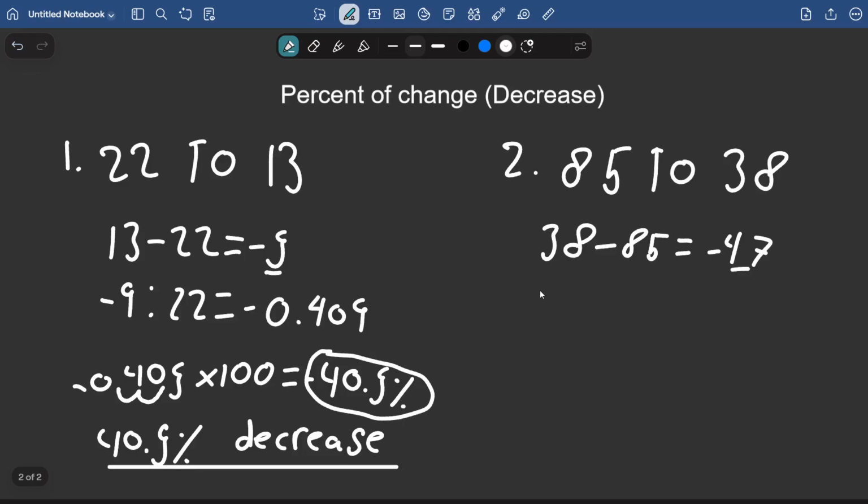Now we take the amount of change, minus 47, divided by the old number, which is 85, and we get the decimal number of the change, which is minus 0.553.